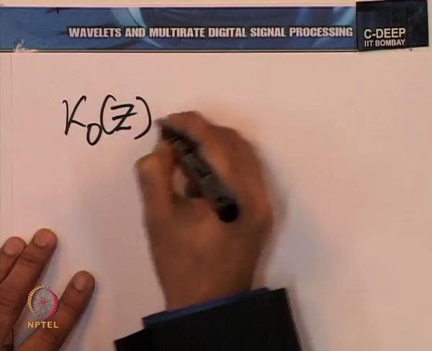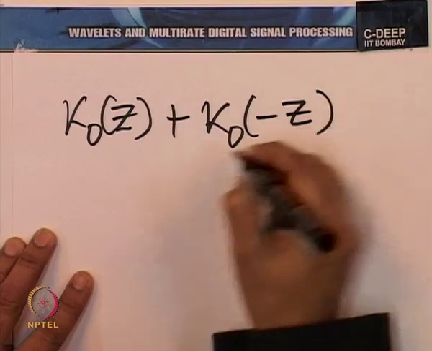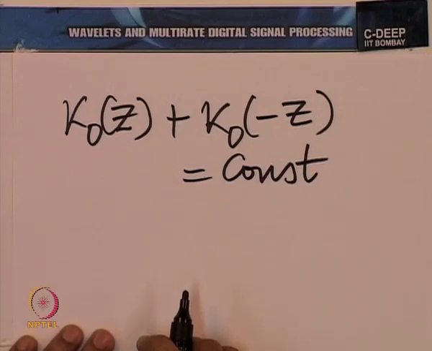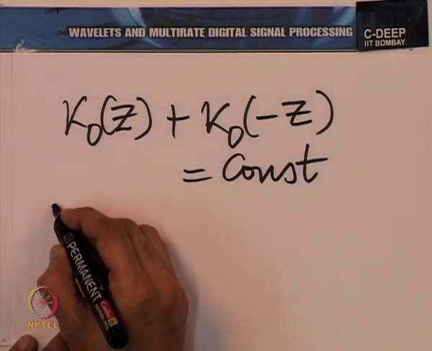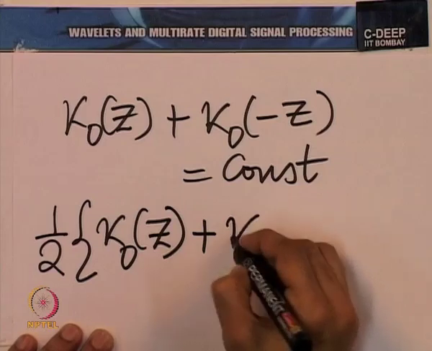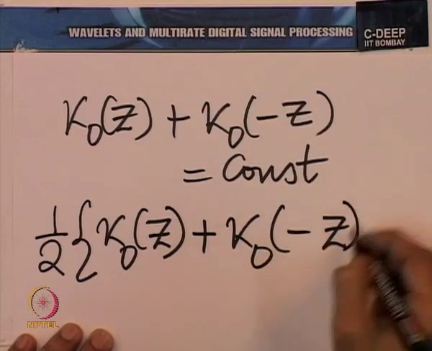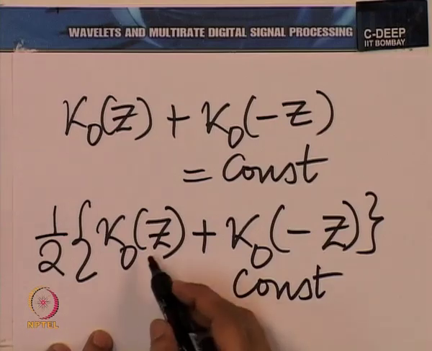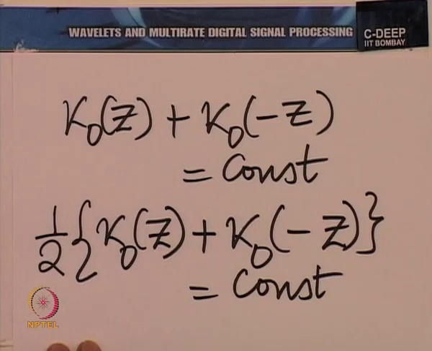We are saying that with this understanding of the samples corresponding to kappa 0 z, kappa 0 z plus kappa 0 minus z is a constant, and if we take the inverse z transform now, and if we only care to multiply by half on both sides, this is also a constant, obviously, and this is something very familiar to us. We have encountered this when we did downsampling.